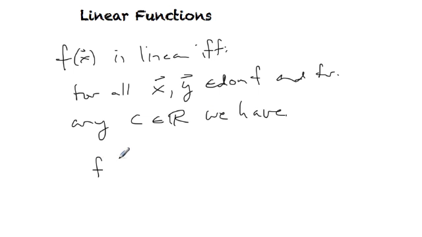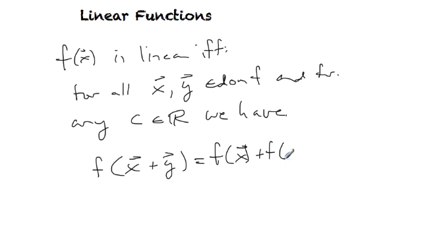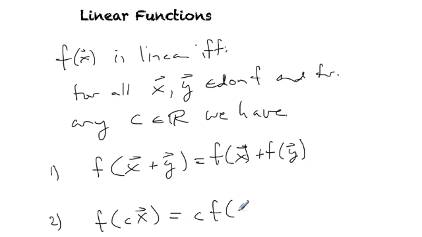If I take the sum of two vectors and then evaluate the function at the sum, that's the same as evaluating the function at each vector individually and then taking the sum. Okay, that's criteria 1. The second criteria is that if I take some scalar multiple of a vector and then evaluate the function at that value, that's the same as if I first evaluated the function at the vector and then multiplied by the scalar.